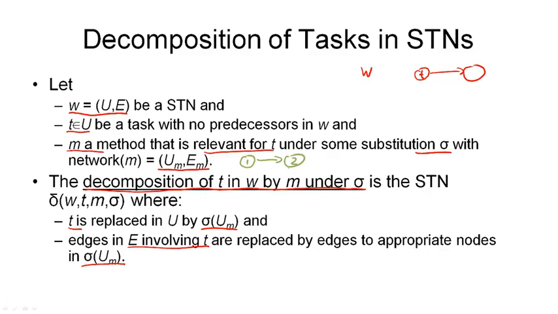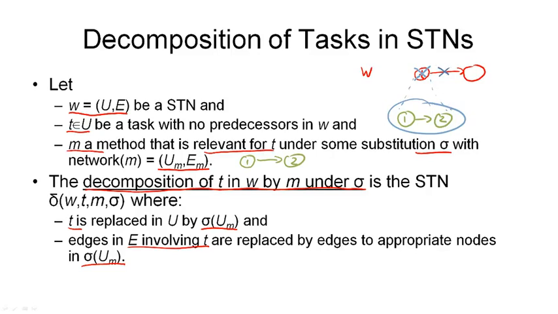Then the first thing our decomposition function does is replace the task T, so we have to remove it from the network, and we insert the subtasks defined by the method. And these are, of course, the tasks 1 and 2 from our method. And then we have to replace all the edges that were connected to T, which is this edge here.